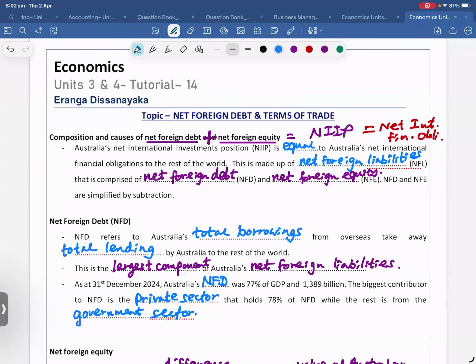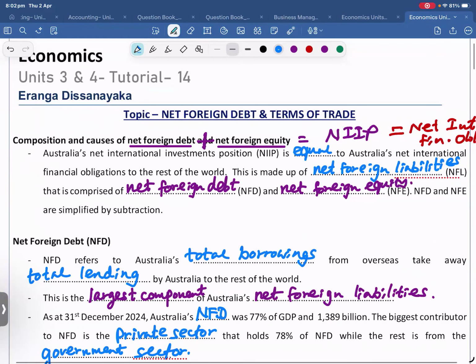They are made up of net foreign liabilities, which equals NIIP, and that equals net foreign debt plus net foreign equity.